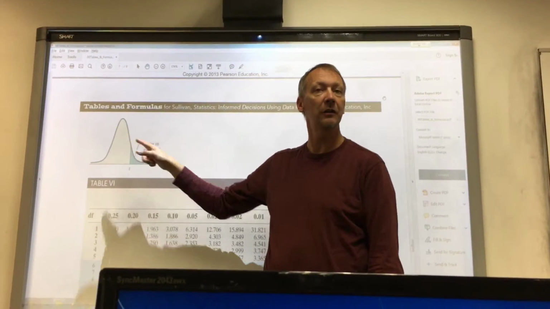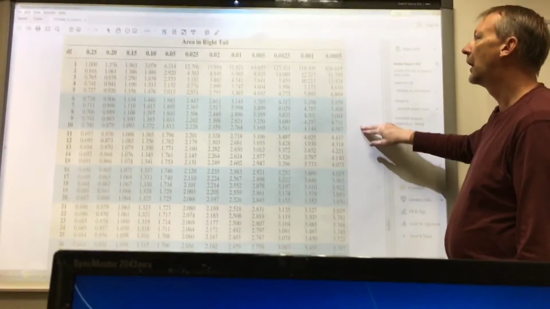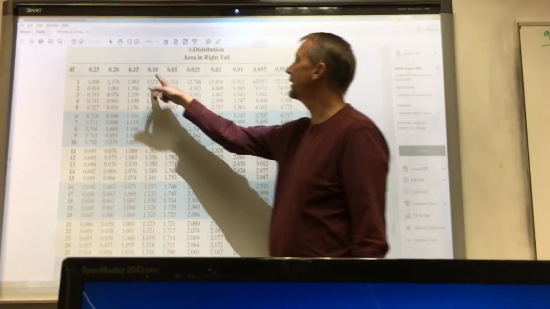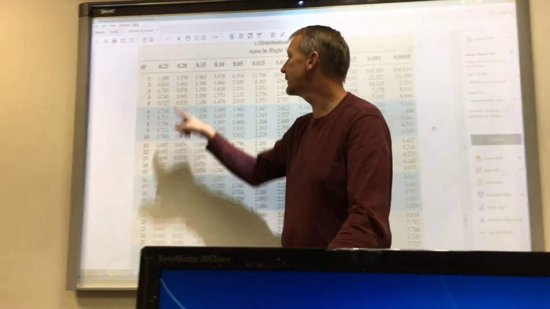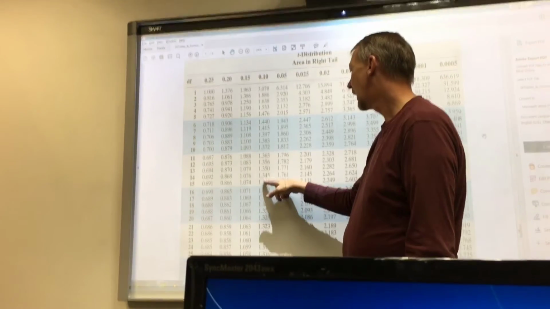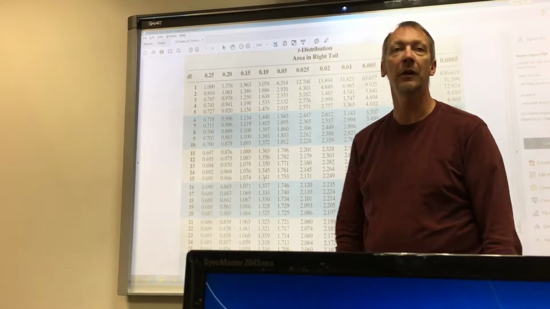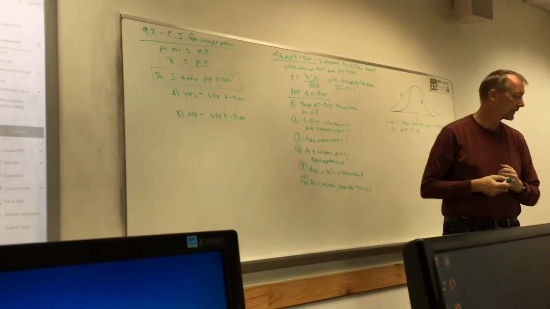So just make sure you're paying attention to that. Okay, so area to the right of the tail, we want 10%. So I'm in this column here. I want 15 degrees of freedom. So if I go down here, 15 degrees of freedom, 10, I get the value 1.341. Does that make sense? Okay, so this table works a little bit differently than the other one.